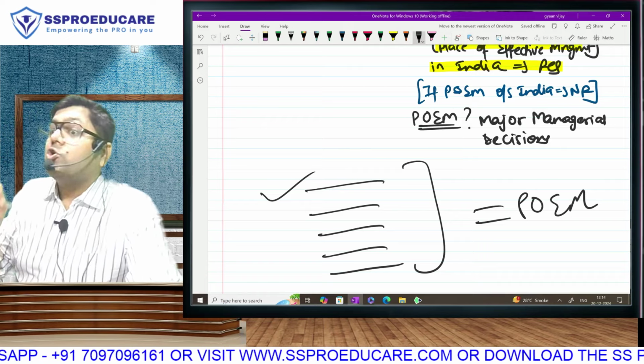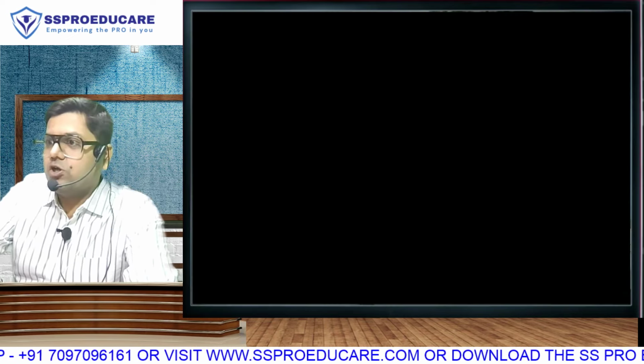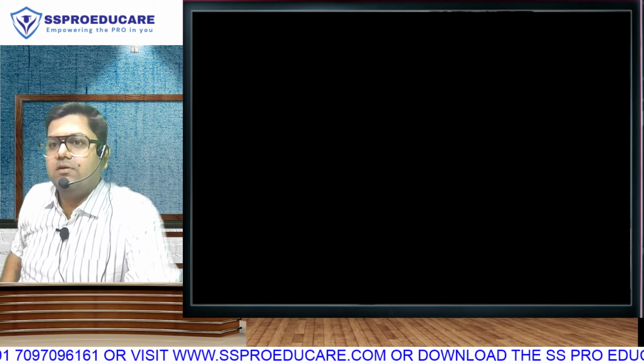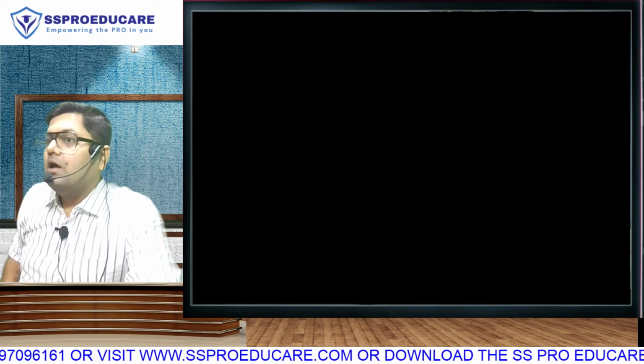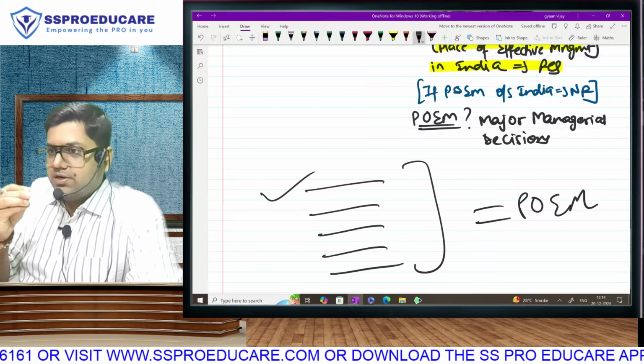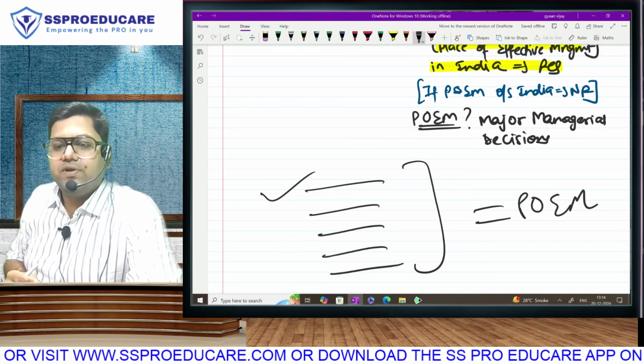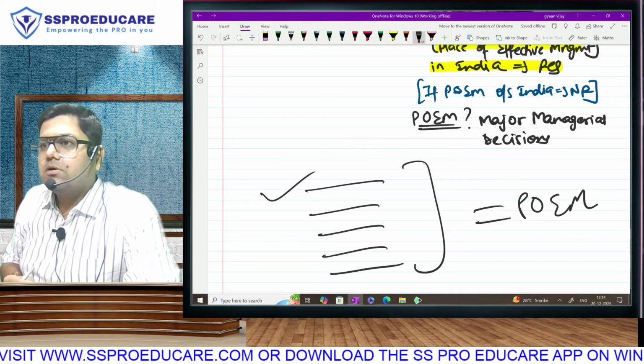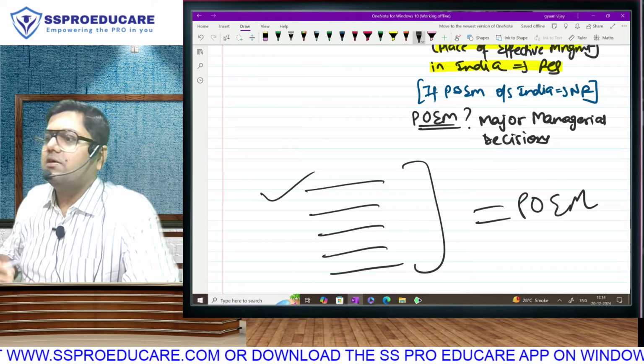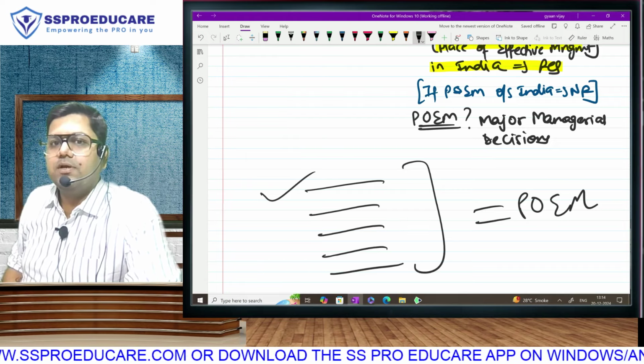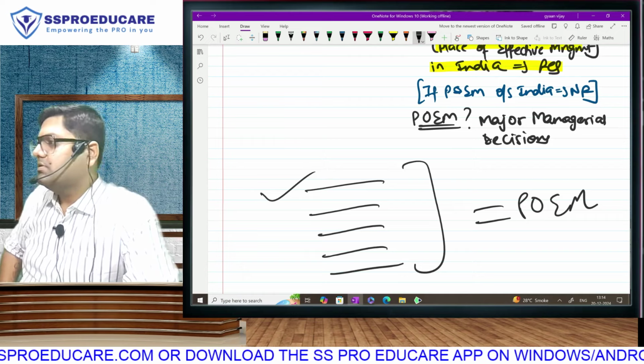Out of total profits across the globe, this much profit you have in India. On the basis of those conditions, any organization which is fulfilling all those conditions will be considered to have POEM in India. They have given a circular.